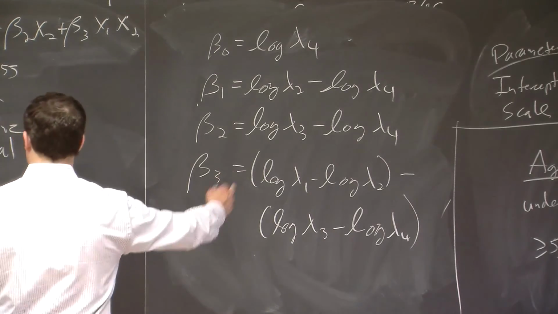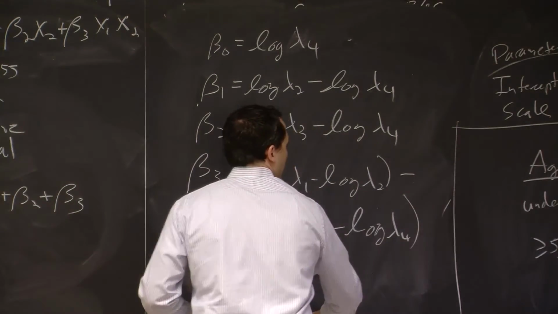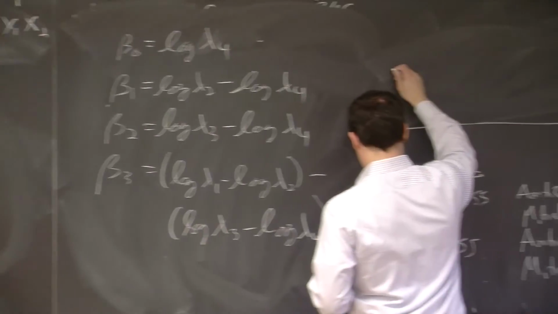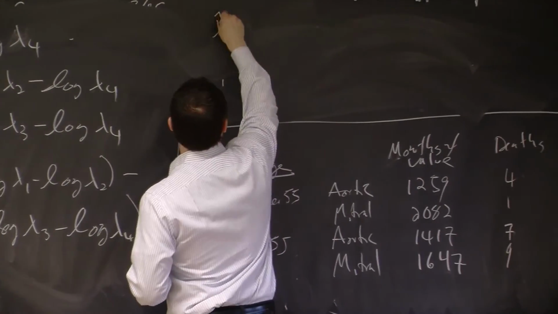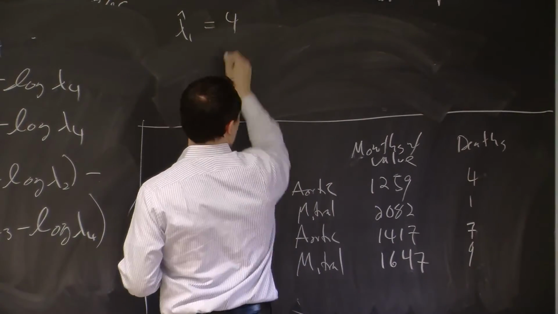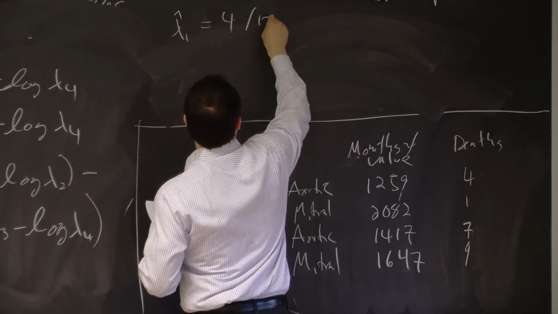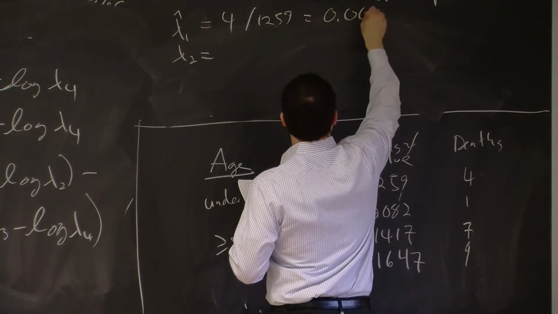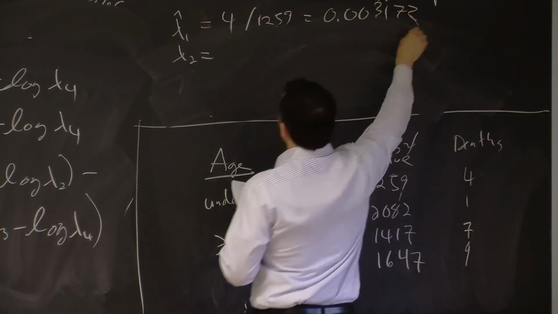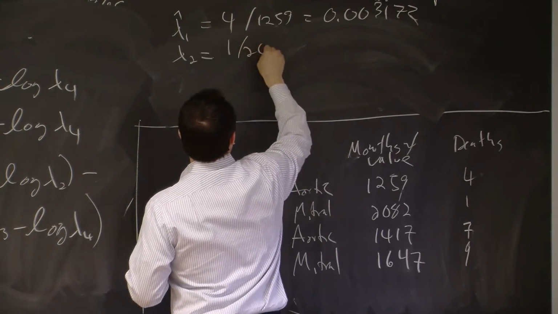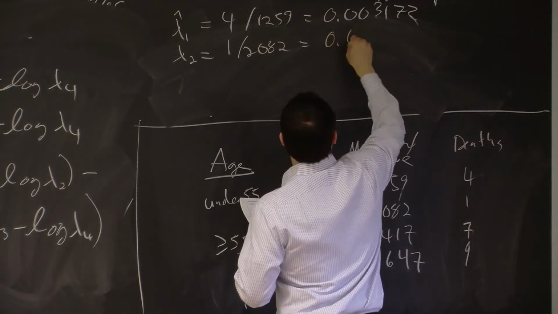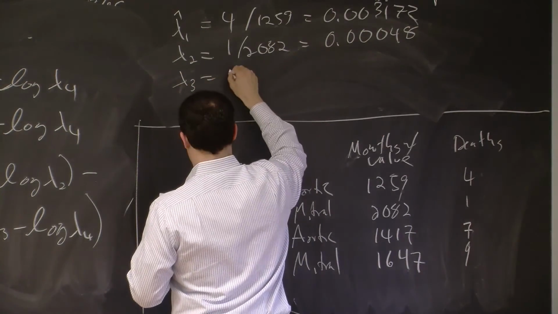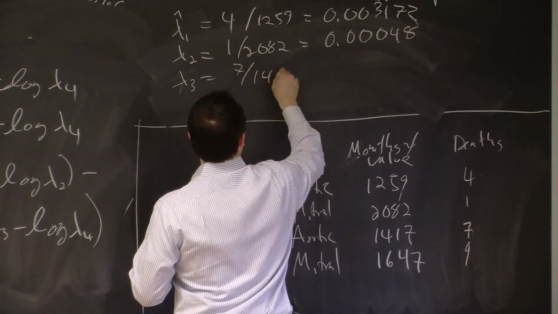And these numbers, these lambdas, we get directly from the data. So under the saturated model, our lambda 1 is just 4 divided by 1259. Our lambda 2, 1 over 3177. Our lambda 2, 1 over 2082, 0.00048. Lambda 3 is 7 over 1417.